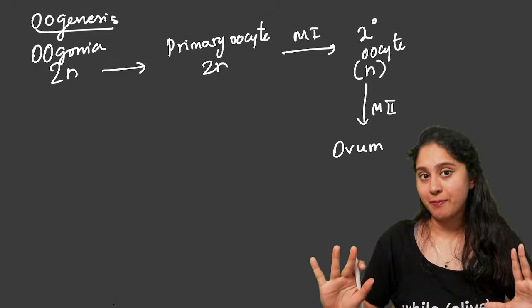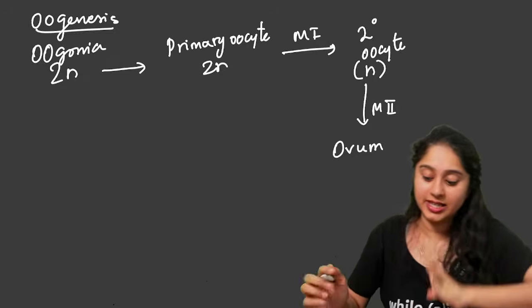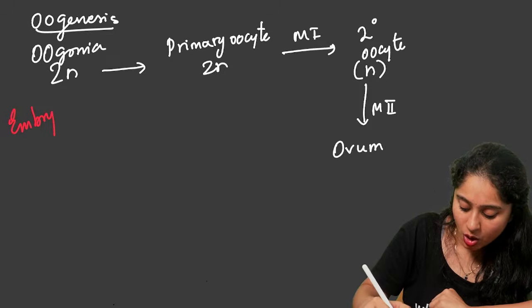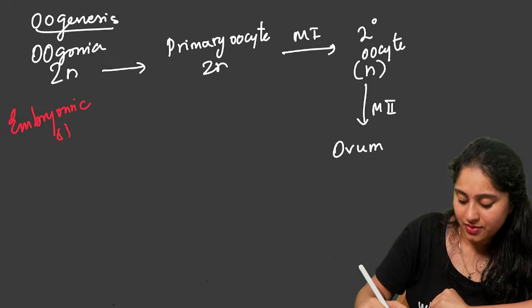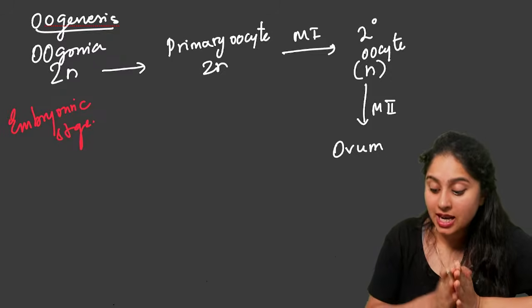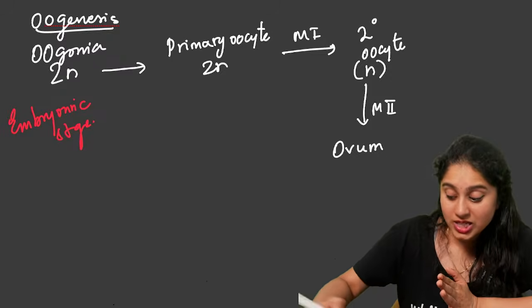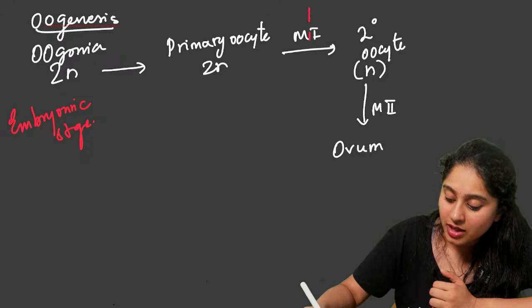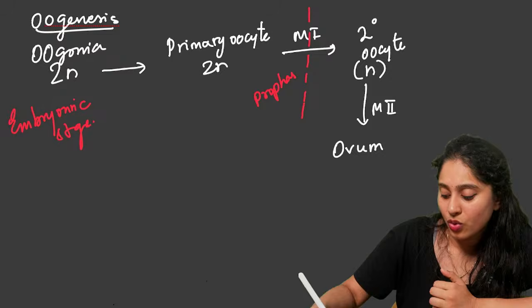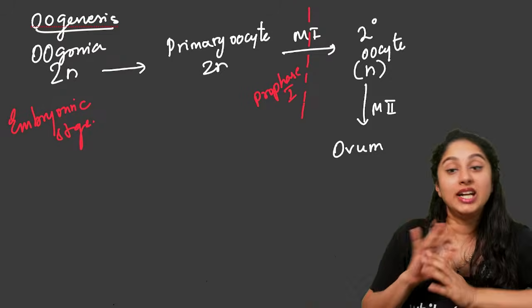It's all the same. But how it is different is, firstly, it will start in the embryonic stage itself. In the embryonic stage itself, the primary oocytes are produced, and once it enters meiosis 1, it is arrested at prophase 1 and it will wait there.